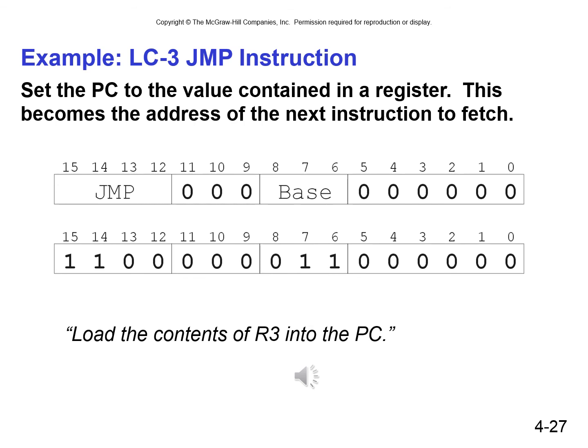During the execute phase of this instruction, it will replace the program counter value that was incremented by 1 during fetch. I know, it's getting a little convoluted here, but it's important that you understand all this. It replaces it with a new address, and whatever's at that address will be the next instruction that we jump to.